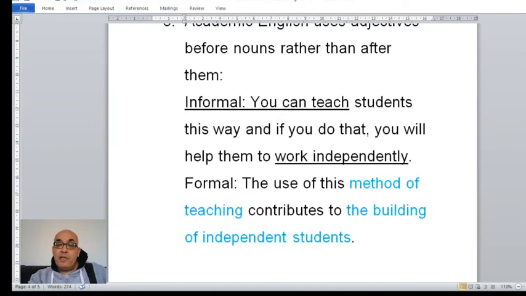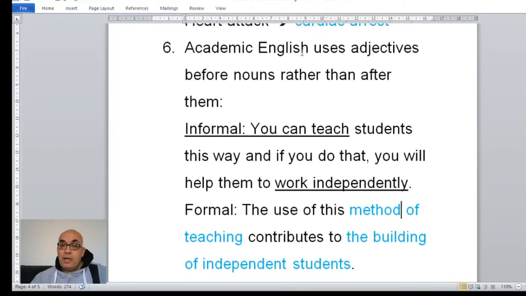The formal version is the use of this method. So as I said here, academic English uses adjectives before nouns. As you can see here, we use method of teaching. You can teach students this way. This is informal. The use of this method of teaching.